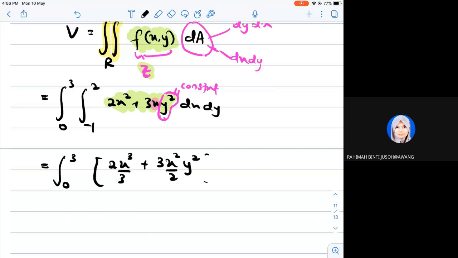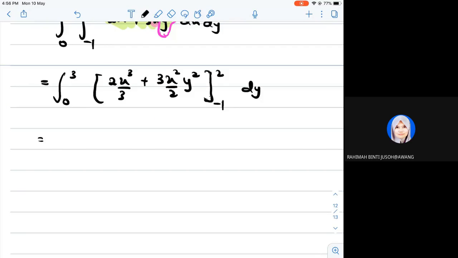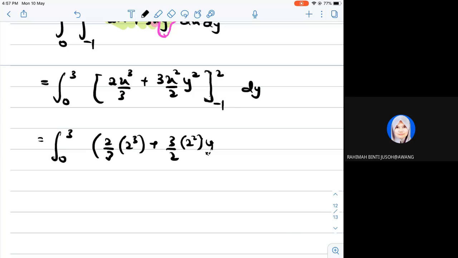Okay. So, now x dari negatif 1 until 2, dy. Okay, so 0 until 3, 2 per 3 darab 2 kuasa 3, tambah 3 per 2 darab 2 kuasa 2 darab y kuasa 2, tolak negatif 1.